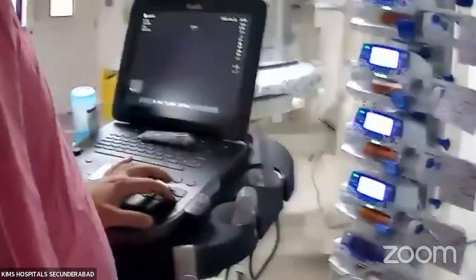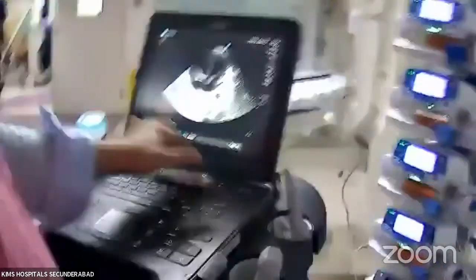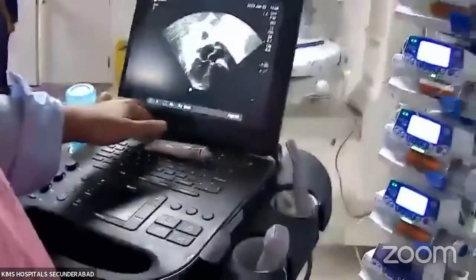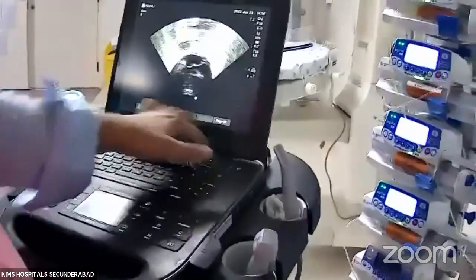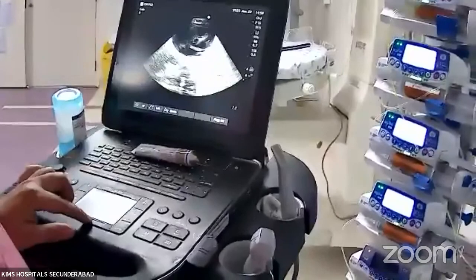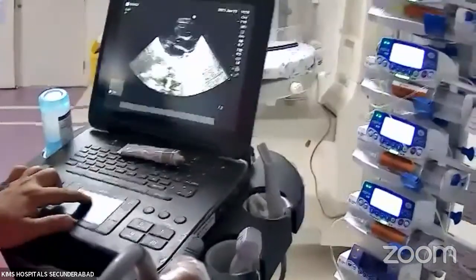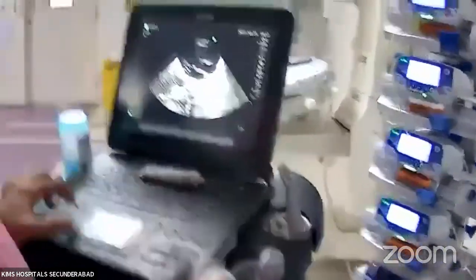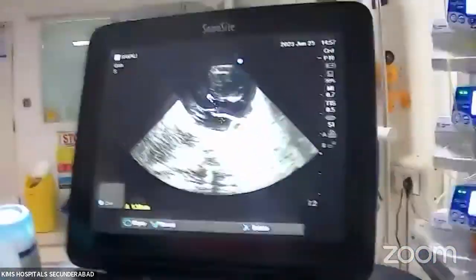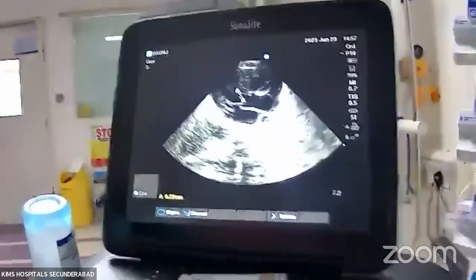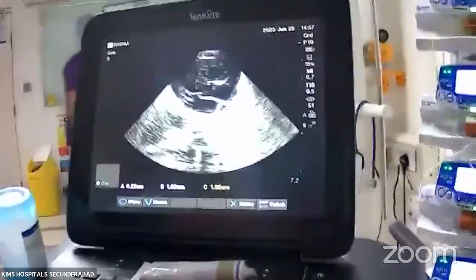Now the last, cardiac output. We consider it as a circle. So what we'll do, you first get the parasternal long axis. Take the measurement caliper here.